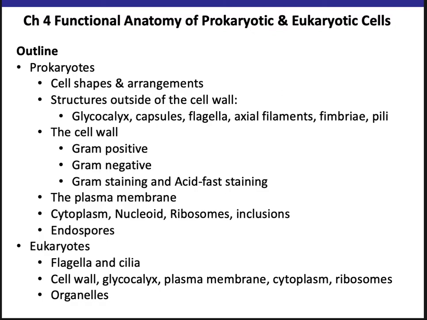So we need to be able to understand how these organisms work. So we need to understand both the anatomy and the function of all the parts for prokaryotes and eukaryotes.